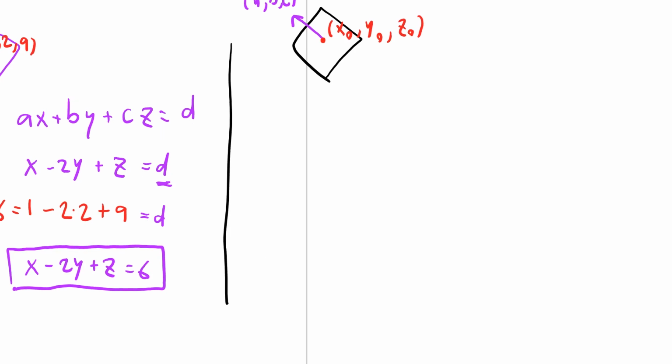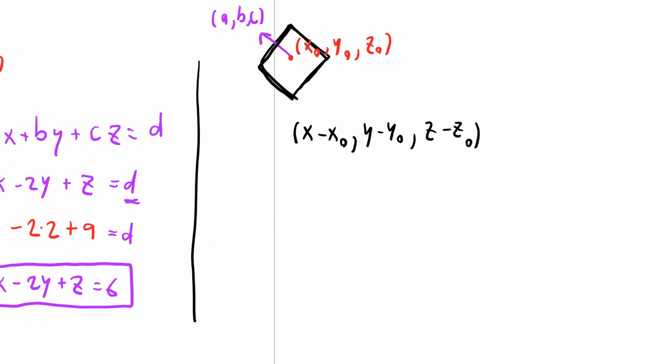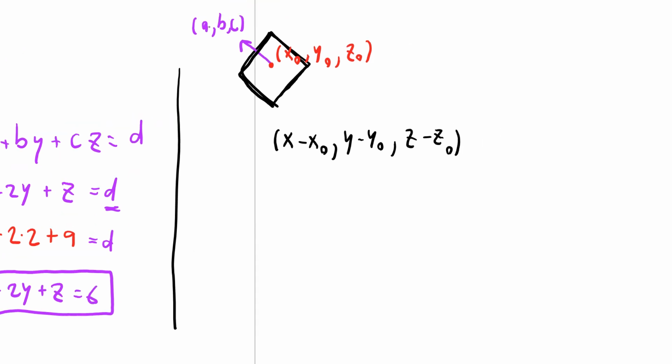The equation for this plane is going to be, I need to write a vector, x minus x0, y minus y0, and then z minus z0. I want this to be perpendicular to a, b, c, so I want the dot product of this guy with a, b, c to equal 0.